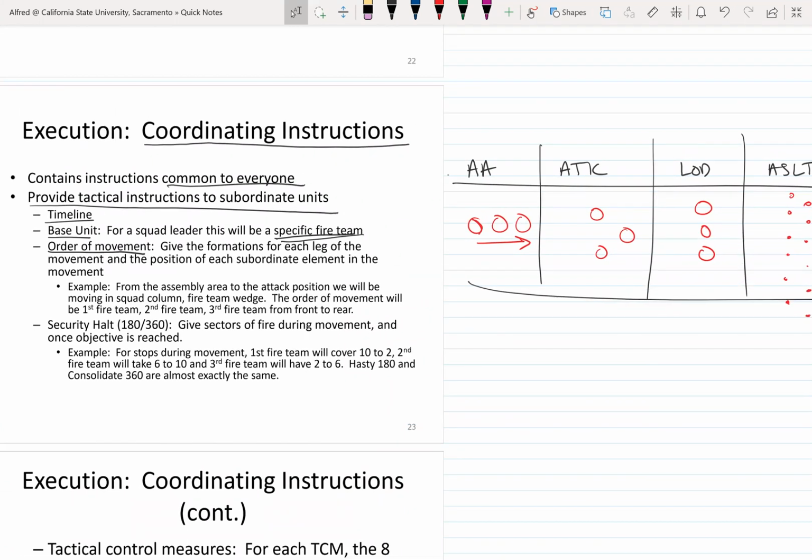In your coordinating instructions, it's also important to add things like, if you're not sure where the enemy is, then it's very important to tell them that they have to keep their volume down, or they have to use no voice, or if there could be booby traps. If the person grading you tells you to expect ambush, that's a coordinating instruction.